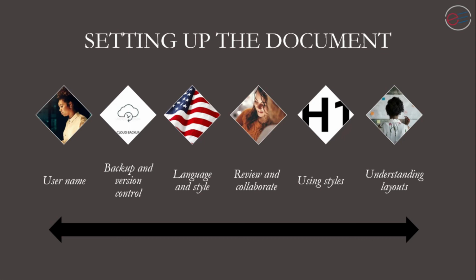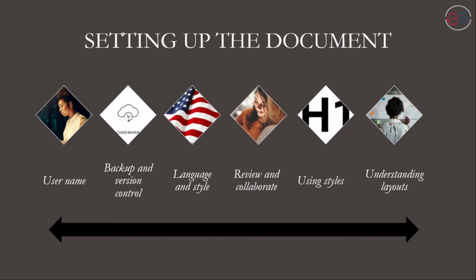Application of styles, we have seen in our earlier discussion also, is going to be an important part in setting up the document. It may not be a necessary step to style a document, but we are going to see later that styling a document is going to help us in our editing process, so that there is improved quality and quicker turnaround time. The next one is an editor's understanding of layouts.